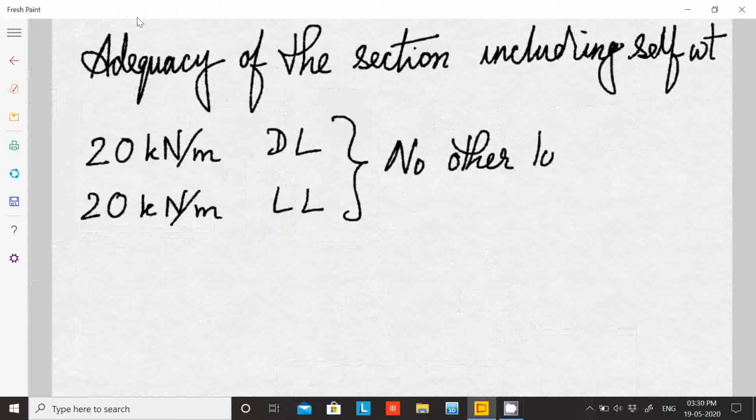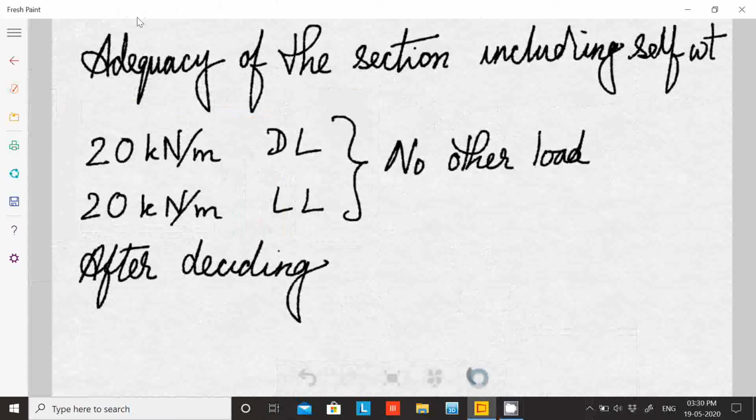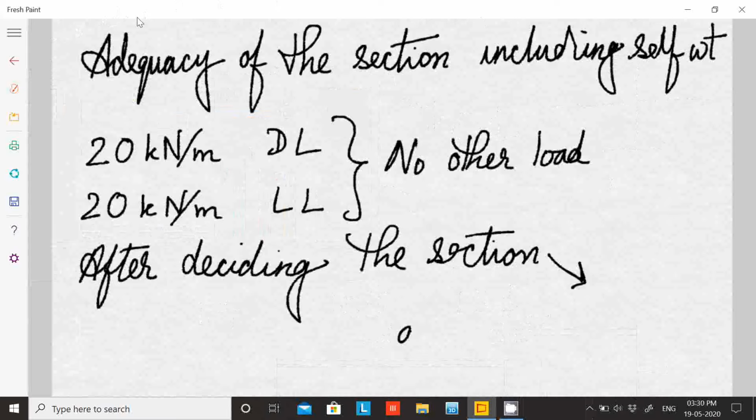And we had no section till that time. After deciding the section, there is an additional self weight which we got along with it, isn't it?